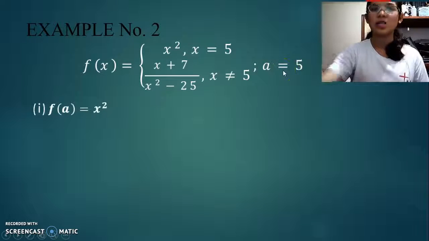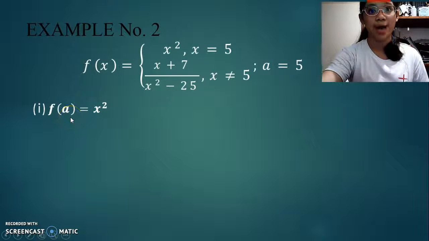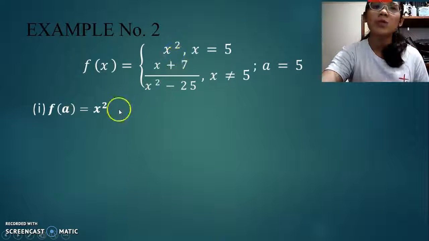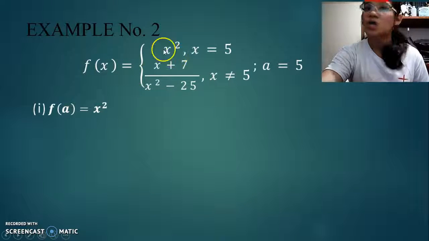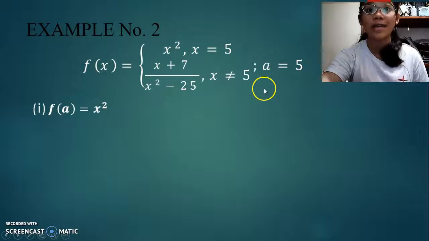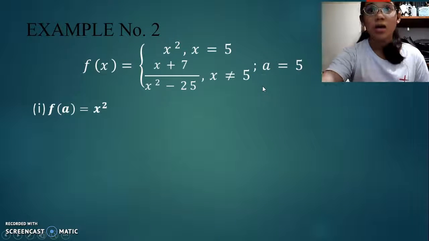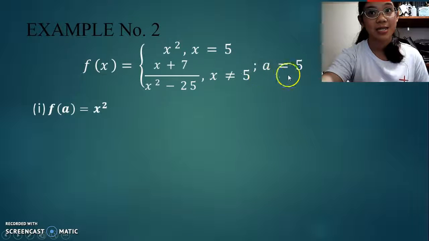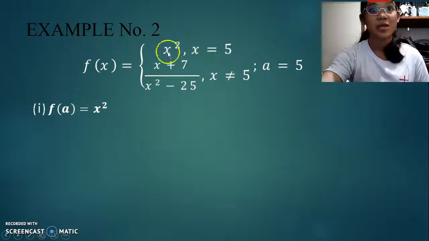For the first condition, we will solve for f of a. Why will we use x squared? We will use x squared because it satisfies the condition that x is equal to 5. You see, a is equal to 5, and we know that x is equal to a, right? So this satisfies the condition that x is equal to 5. That's why we will use x squared.